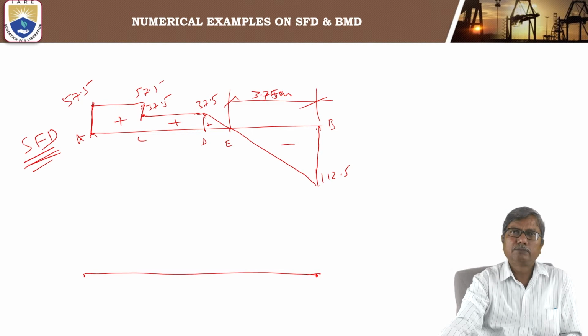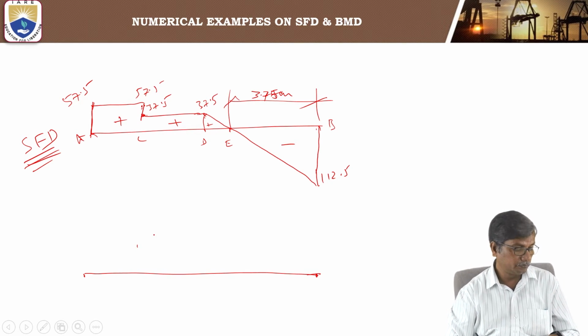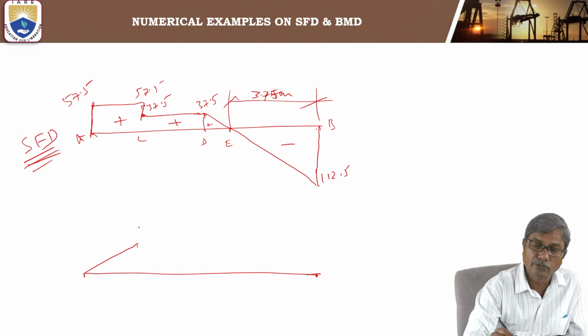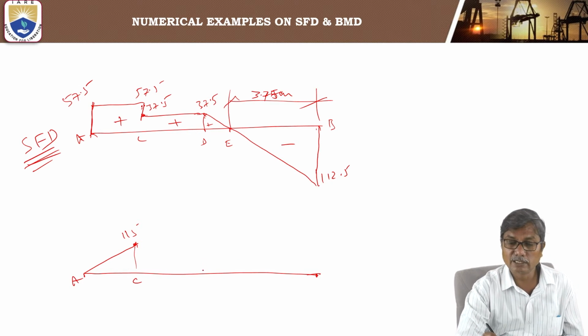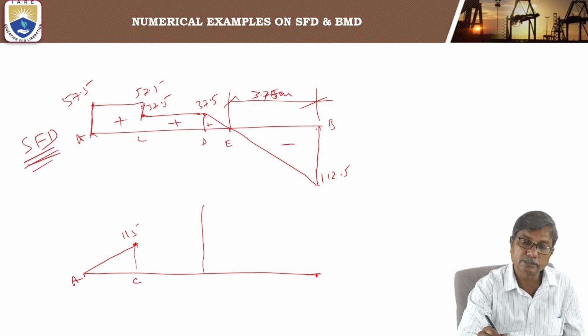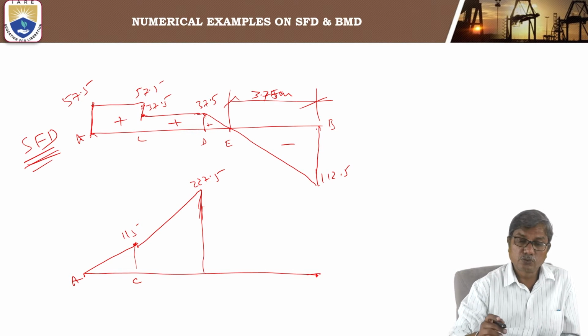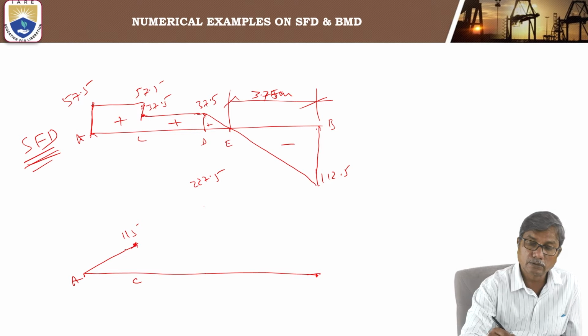Between A and C, the bending moment varies linearly from 0 at A to a value of 115 at C. Similarly, at D, the bending moment is 227.5.